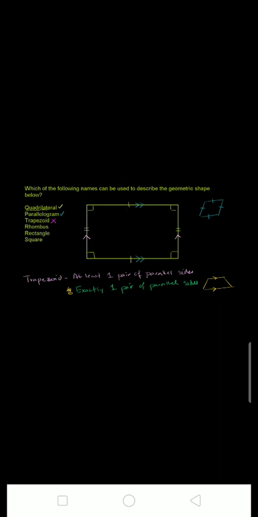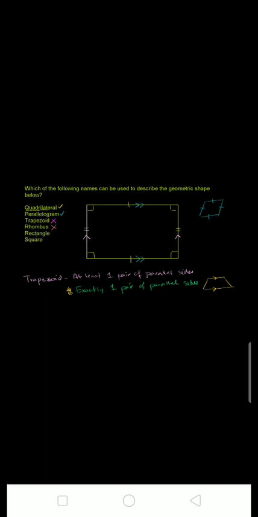This figure over here, we have two pairs of sides that are the same length, but there's no information that tells us that this side is equal to that side, or that this side is equal to that side. So we can't make the claim that this is necessarily a rhombus. We don't know for sure. If someone told us that this length is equal to that length, then things change. But for the sake of this one, we're not going to go with the rhombus.